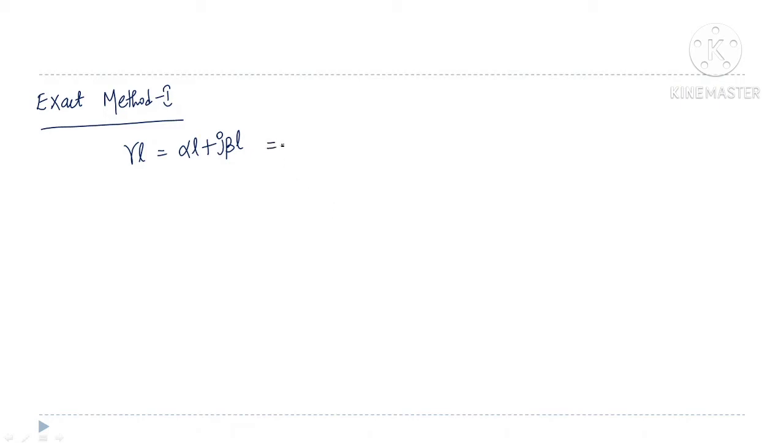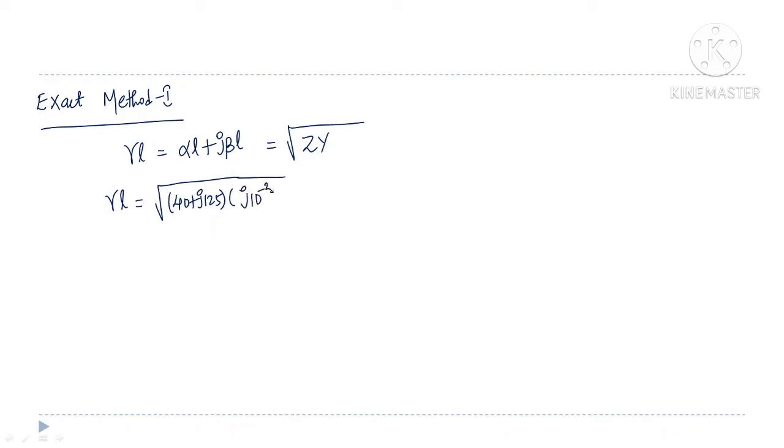γL is actually the root of the product of impedance and admittance. First find this value. γL is equal to the root of impedance, whose value is 40 plus j125, and admittance, whose value is j10 power minus 3.